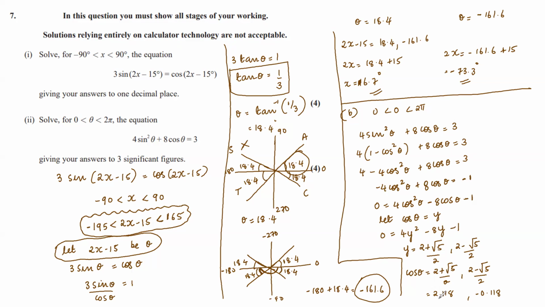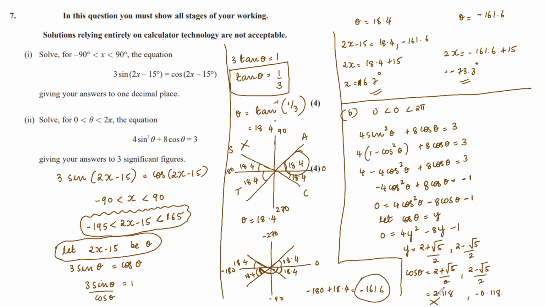So this is greater than 1. We can ignore this value for cos theta since cos can be at most 1 and at least minus 1. This will give you a math error if you find theta as cos inverse of 2.118 in the calculator.